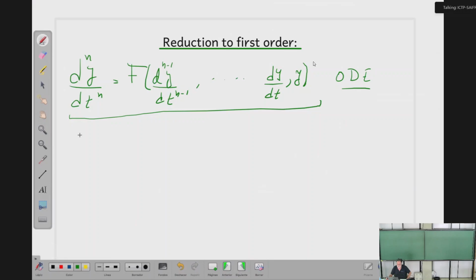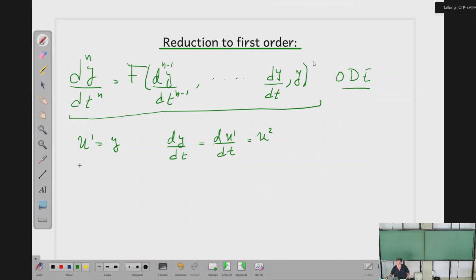So the way we do this is to say, okay, I have a variable u1, which is y, and so dy/dt, we are just writing the derivative of these things, is du1/dt, and now we are going to define another variable which is u2, which is this derivative, and so on.